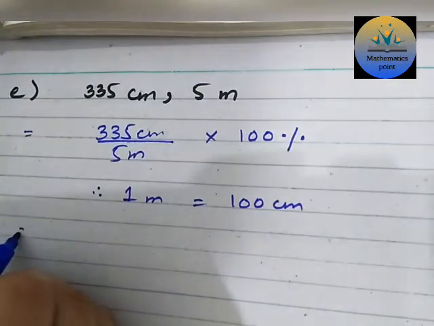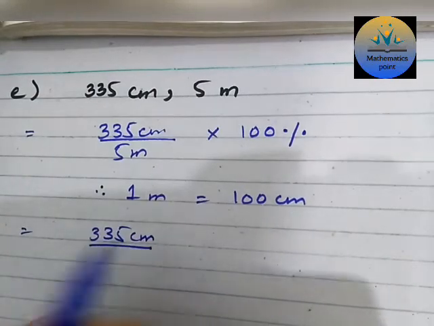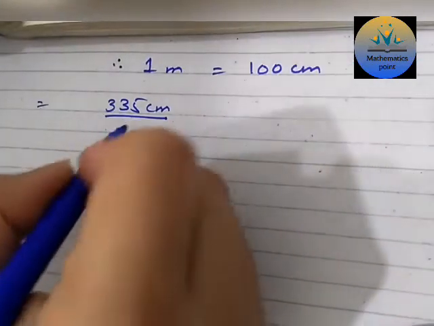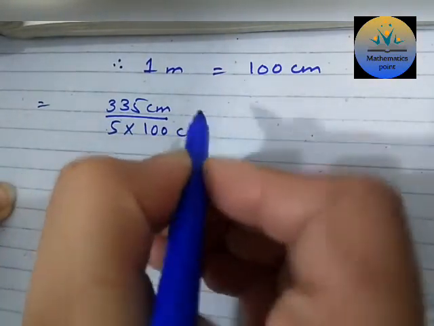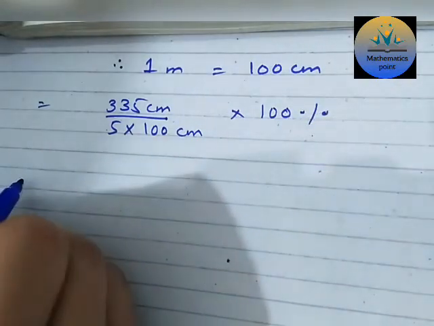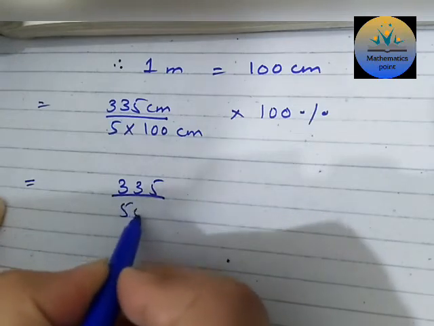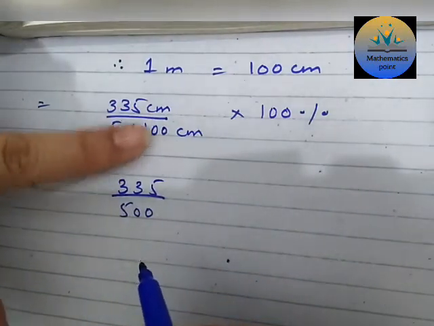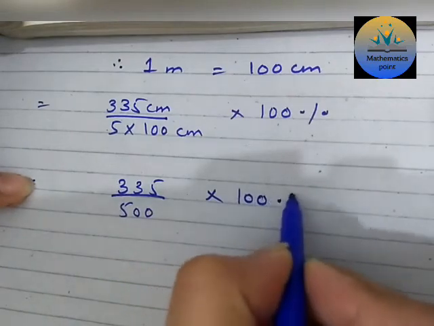So 35 centimeter over 5 into 100 centimeter, multiplied by 100%. Now the new term will become 35 and 500. Both the units will become the same, centimeter, and we want to find the percentage, so multiply it by 100%.